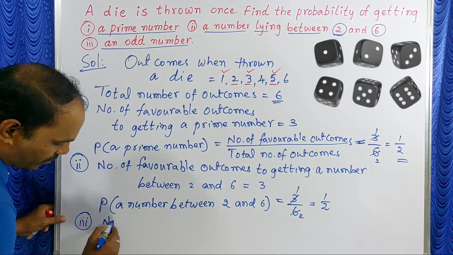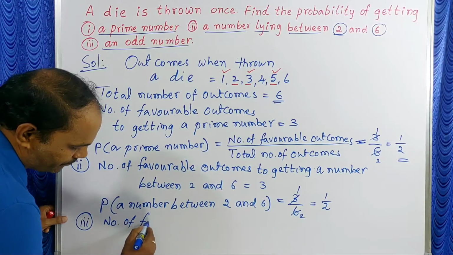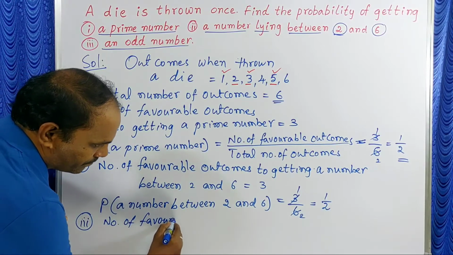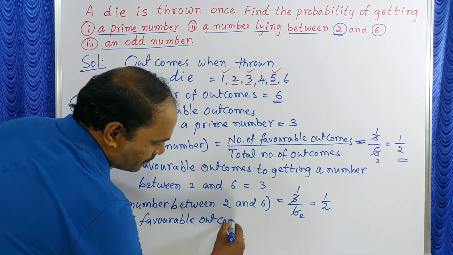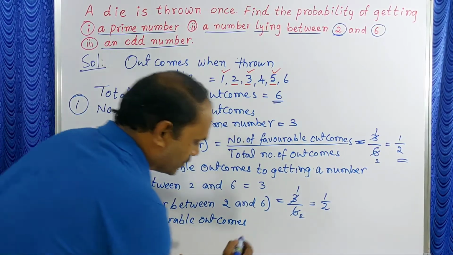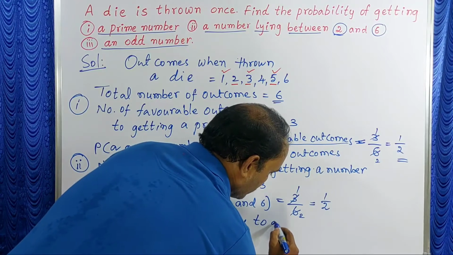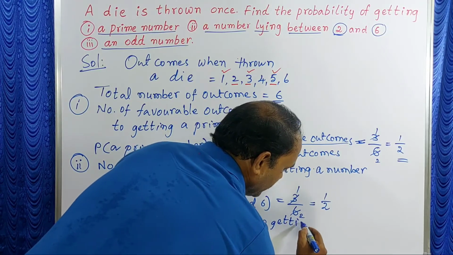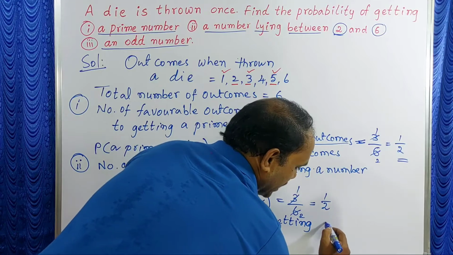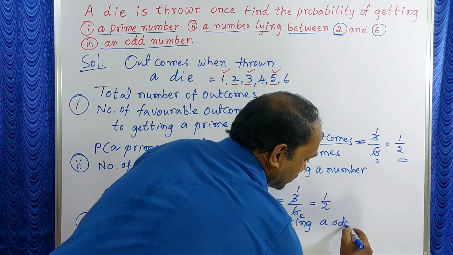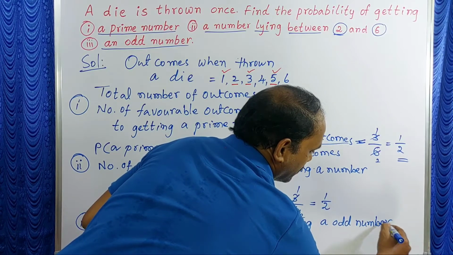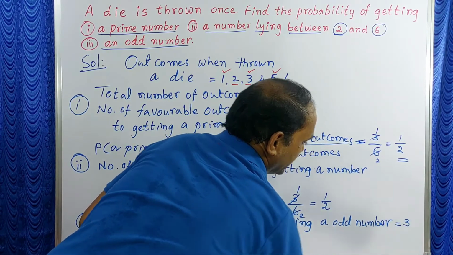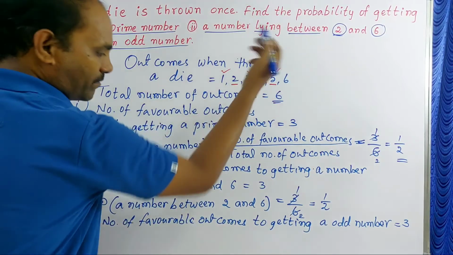Number of favorable outcomes to getting an odd number is equal to 3. Why? Because 3 odd numbers are there.